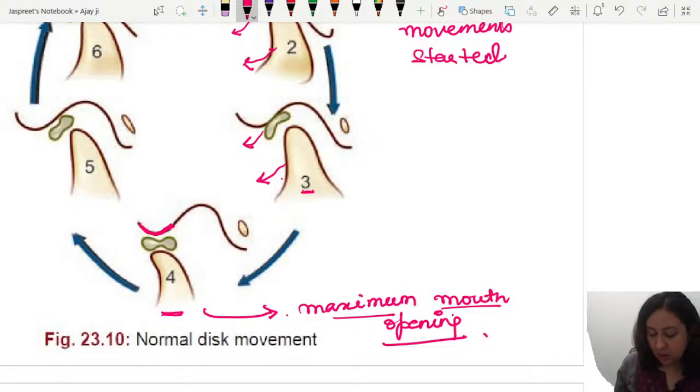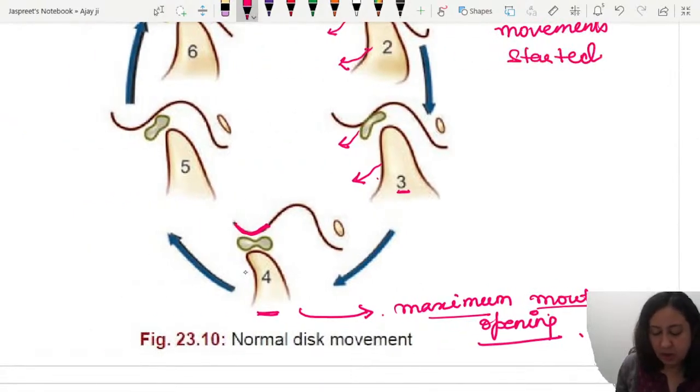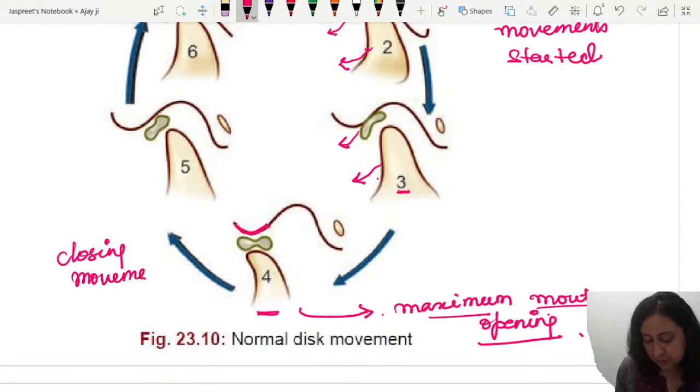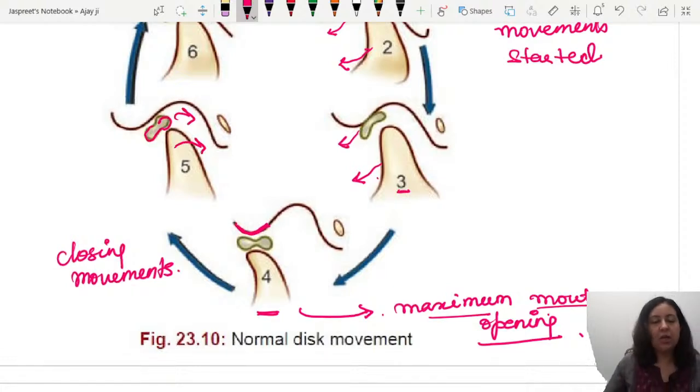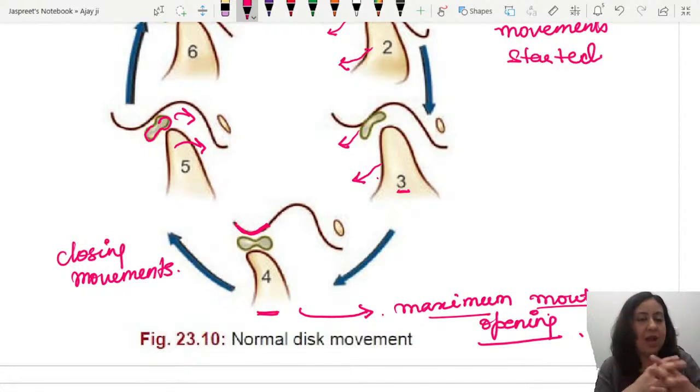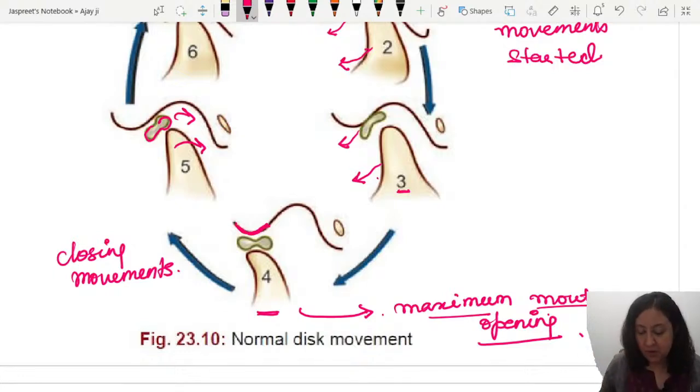Now between figure 4 and 5, closing movements have started. So what is happening? The disc is going back in the glenoid fossa and the condyle is also going back. Again they are going back in synchronization, together, hand in hand, in very simple terms. The condyle and disc are going back into the glenoid fossa.